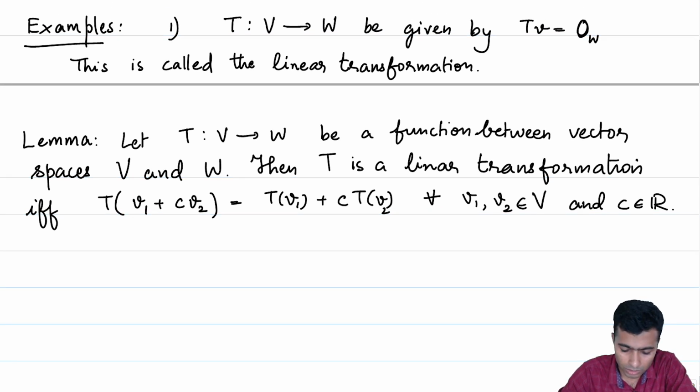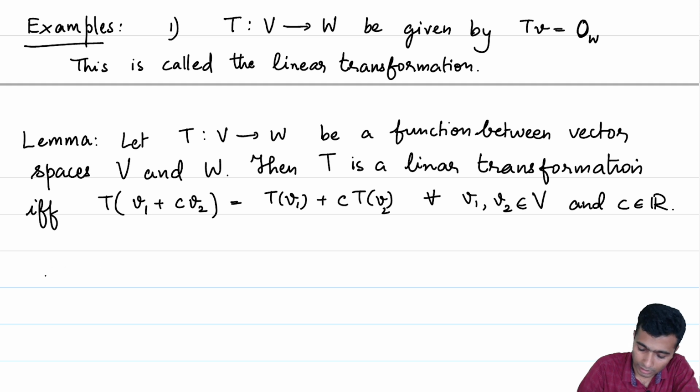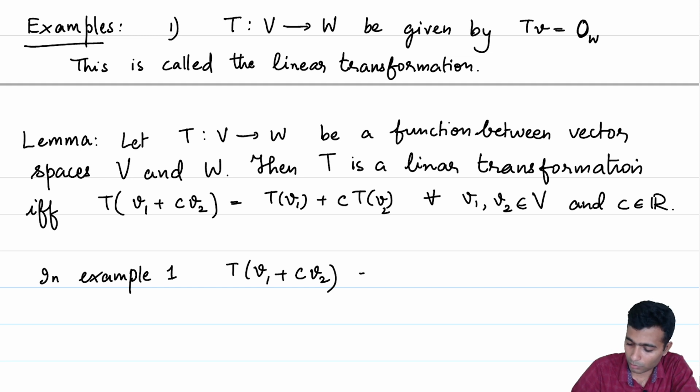Well, with this lemma, let us start looking at more examples. Before we go into a second example, observe that in example 1, T of V1 plus C times V2 is equal to the 0 vector in W, and this is just the same as T of V1 plus C times T of V2.